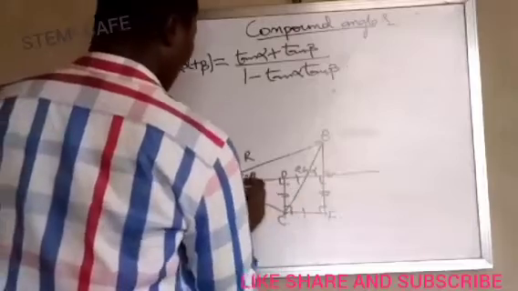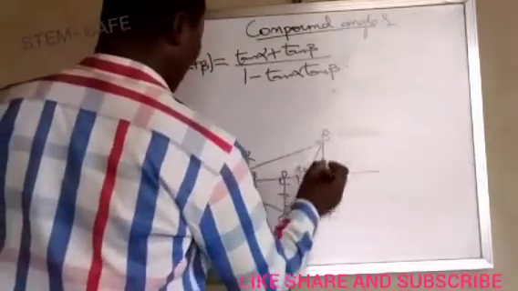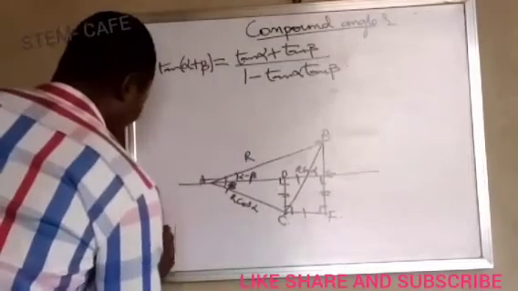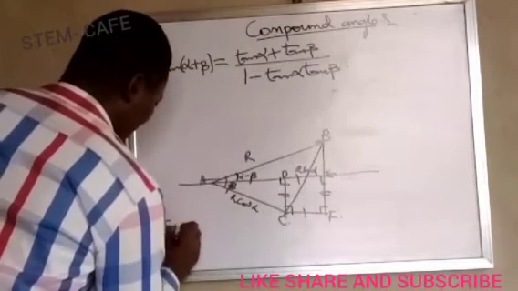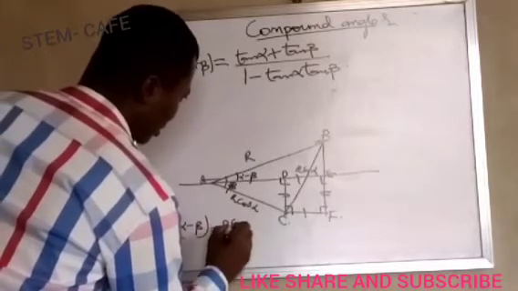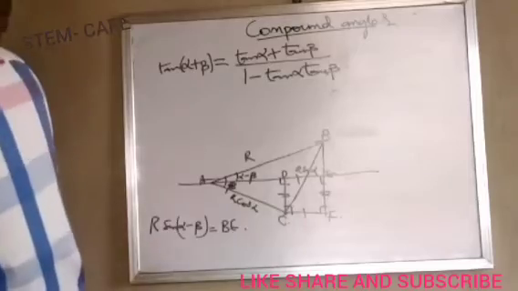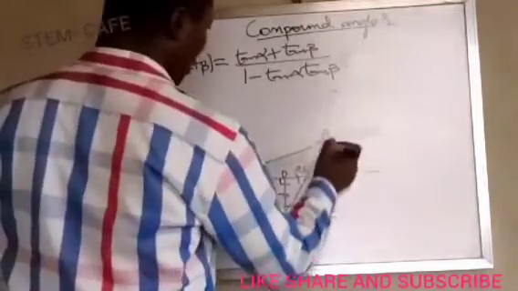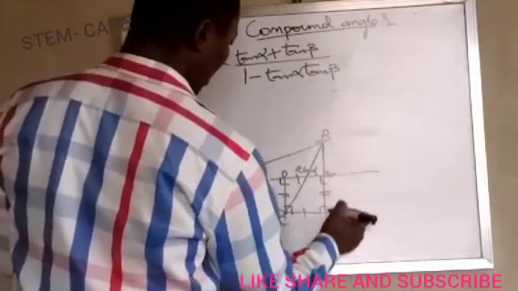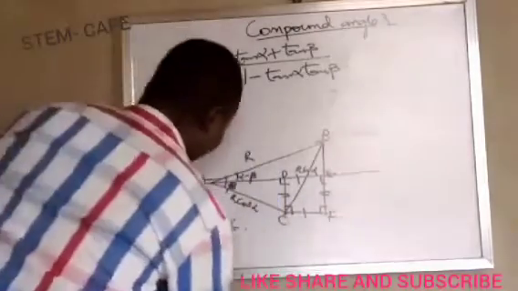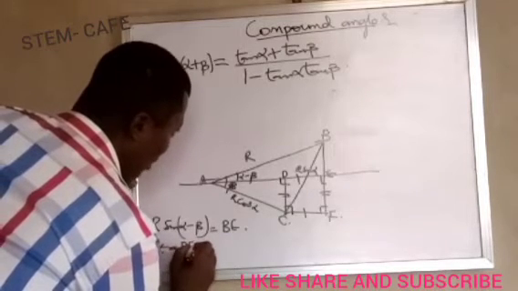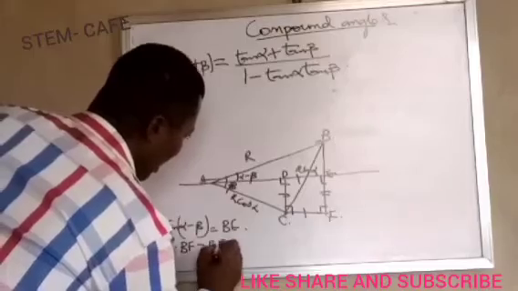Now, let's look at R sine alpha minus beta. That is equal to BE. And if you look at it, BE is equal to BF minus EF.